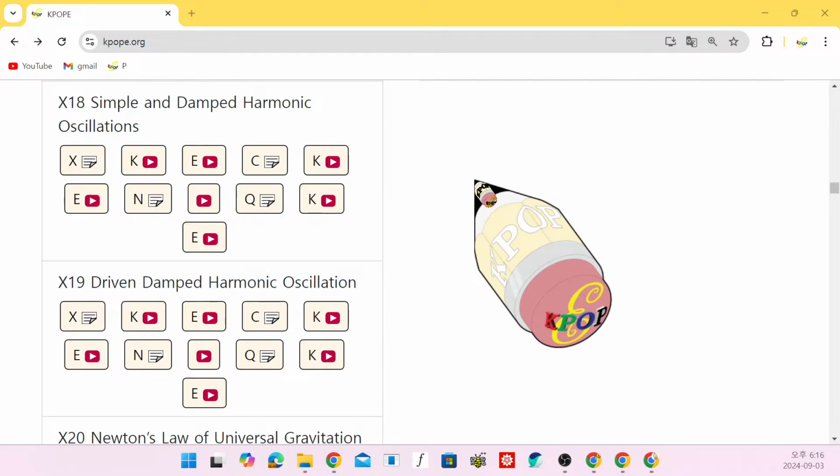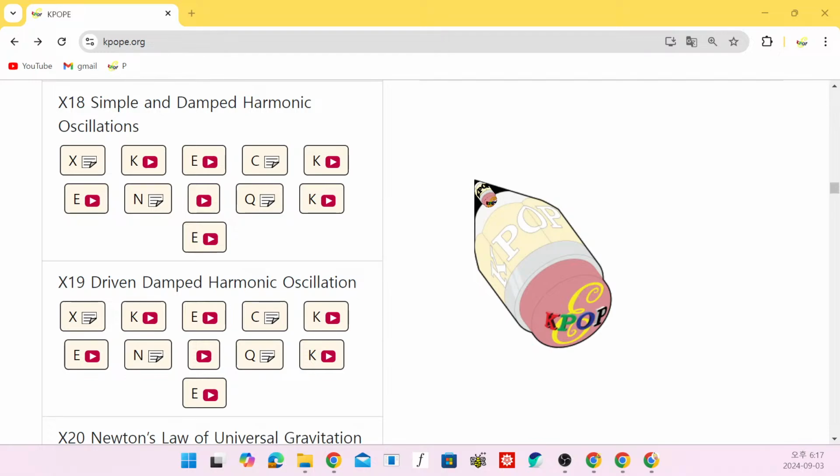But in nature, damping is always present. A swing, for example, stops in the end. If you want to keep swinging, then we have to supply some energy to avoid damping.